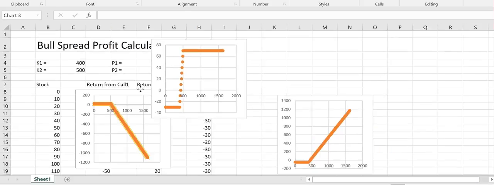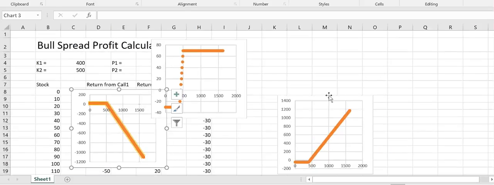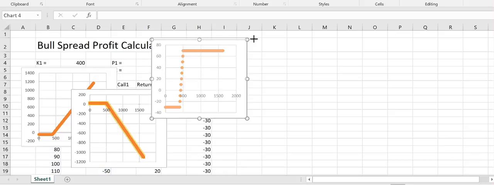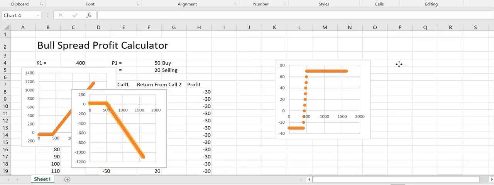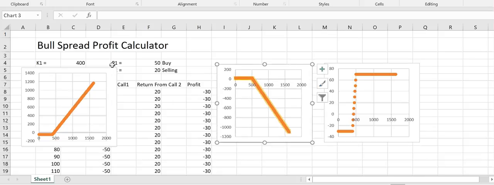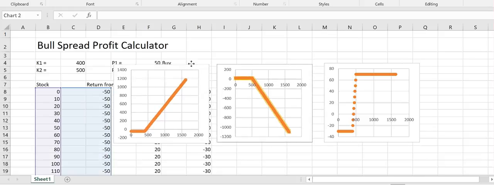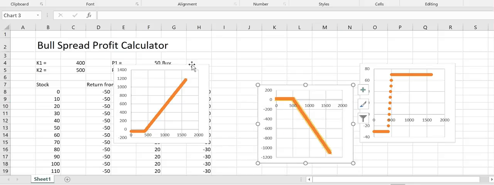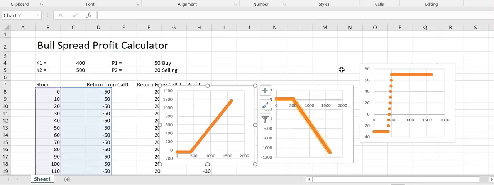So this is strike 1, this is strike 2. Basically when we add these two together, we get a profit chart for the bull spread.